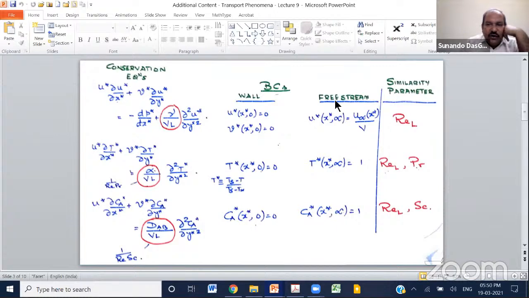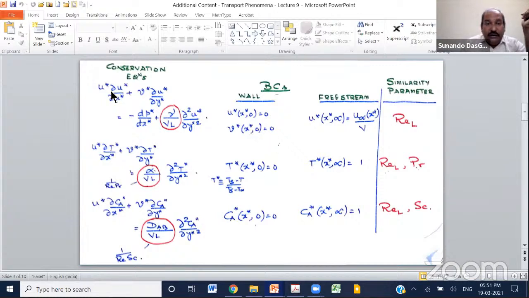The only difference is that in the free stream, T star is equal to 1 and C star is equal to 1, but U infinity by V, that means U star, is not equal to 1 unless we talk about flow over a flat plate. If we talk about flow over a flat plate, this ratio is also going to be equal to 1.